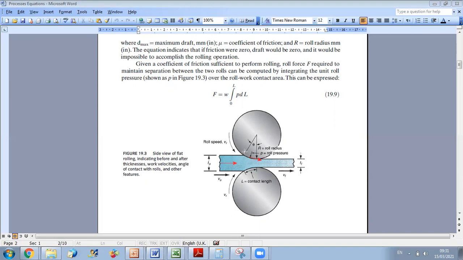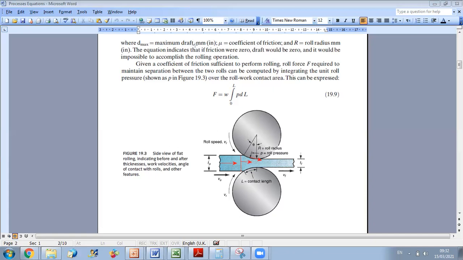Then Vr will push the work to pass through the rolls, leading to an increase in its velocity. At this level, for example, the velocity was V0. When passing through the roll, this velocity will start to increase gradually, and at a certain point it will reach the value Vr.